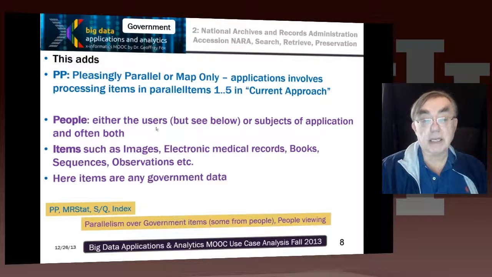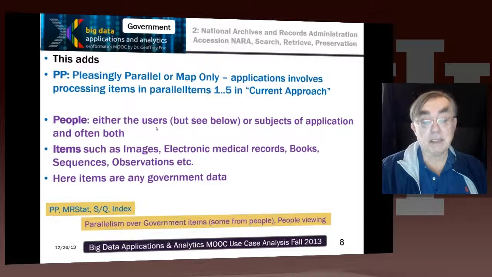However, taking each data set and making certain they are using a modern format is pleasingly parallel because you do not need to integrate across the data sets. You just need to do the same thing for every item in the data. So here, I just listed people, though they're actually similar to the use case one, items.